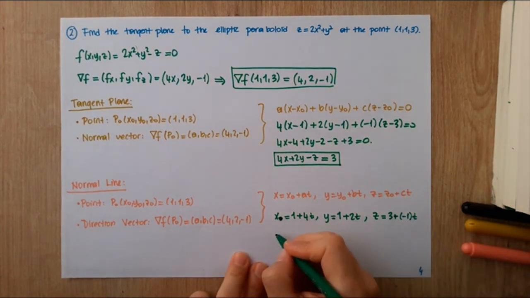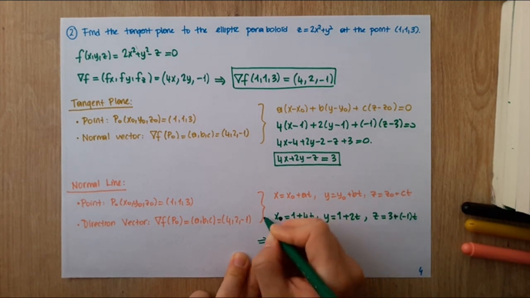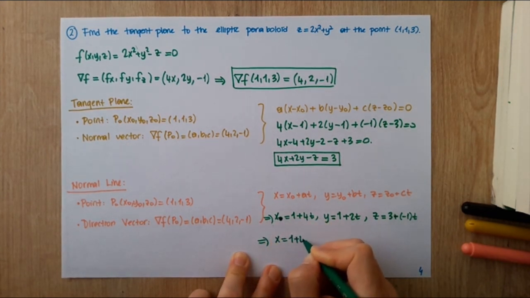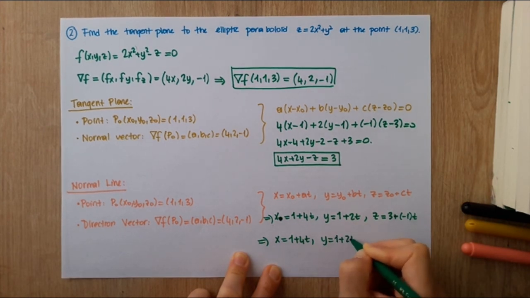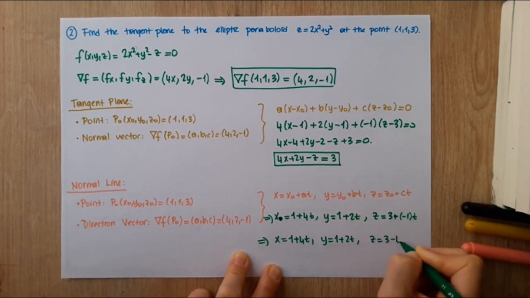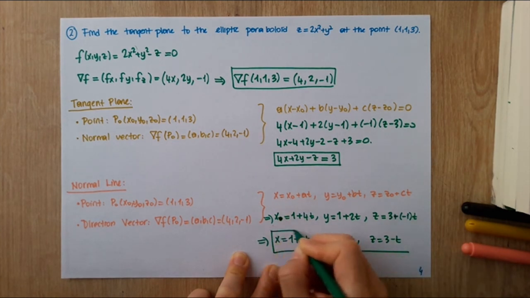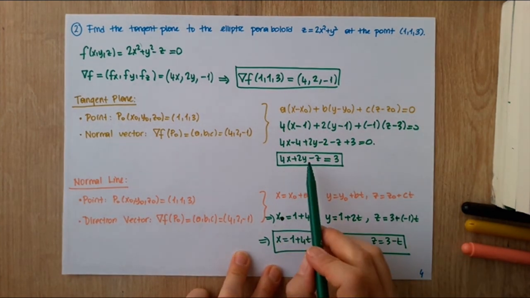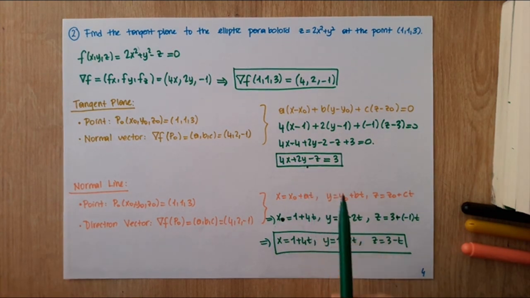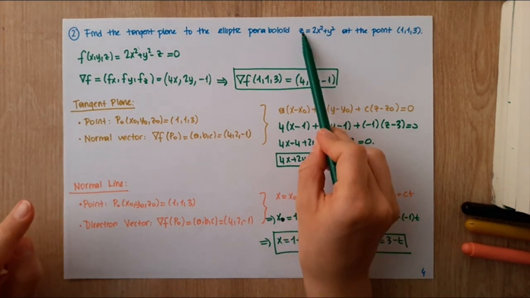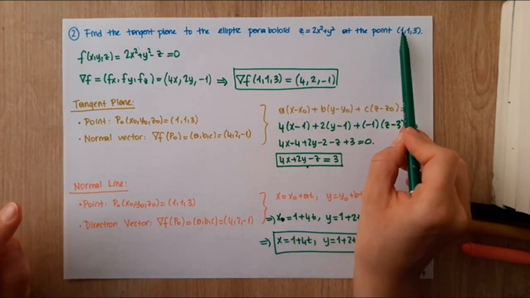So at the end, the parametric equation of the normal line is: x is 1 plus 4t, y is 1 plus 2t, and z is 3 minus t. Okay. This is the equation of the tangent plane, and these are the parametric equations of the normal line of this surface at the point (1, 1, 3).